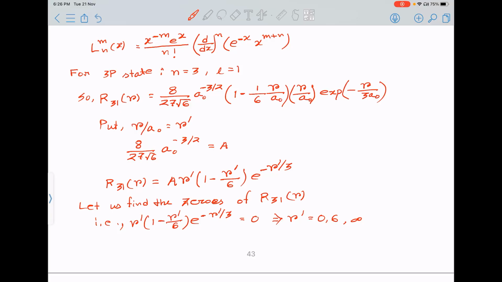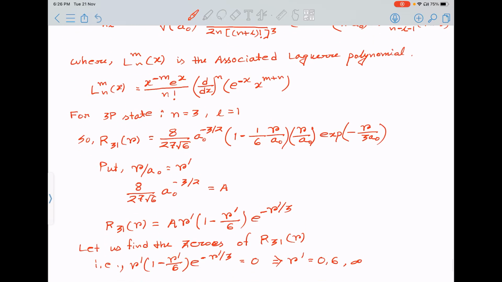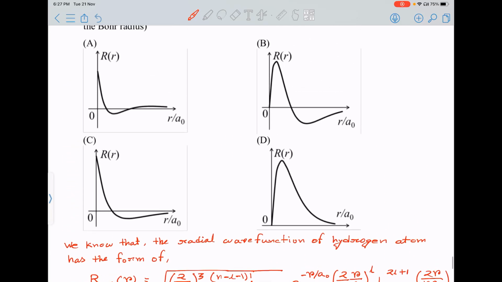Now let us check the options. R of r prime should be 0 at r prime equals 0. At option A, at r prime equals 0, R has a non-zero value, so option A is incorrect. Similarly, option C is also incorrect.